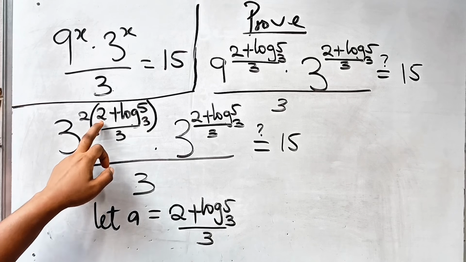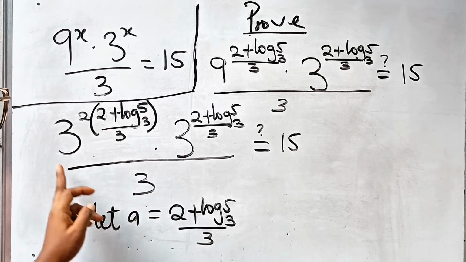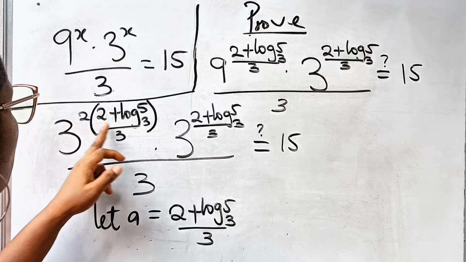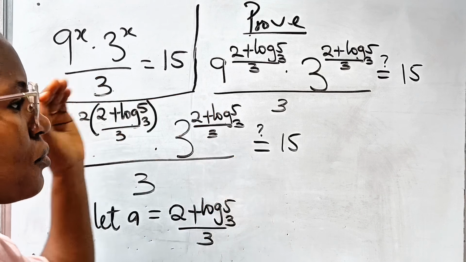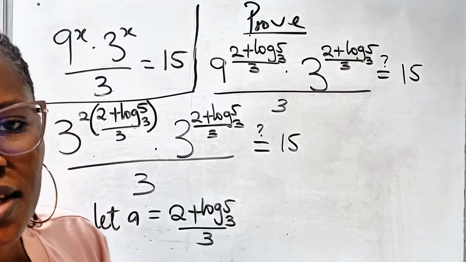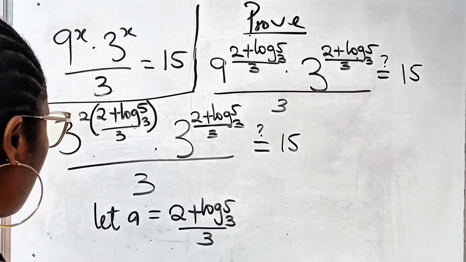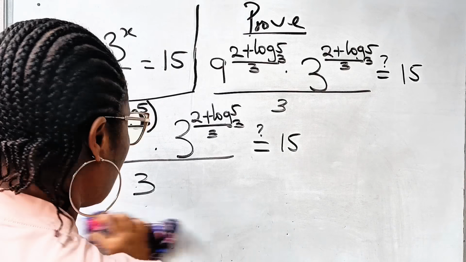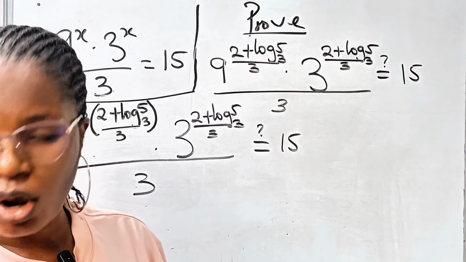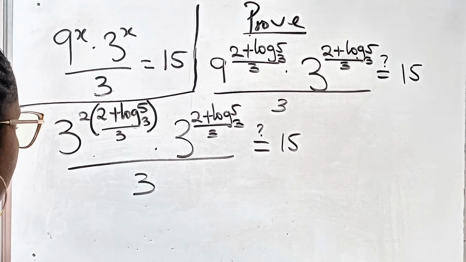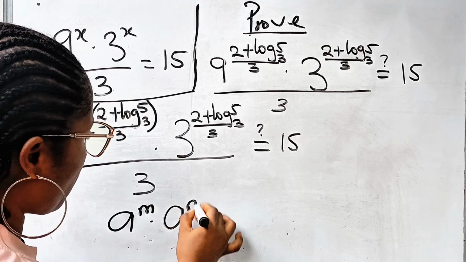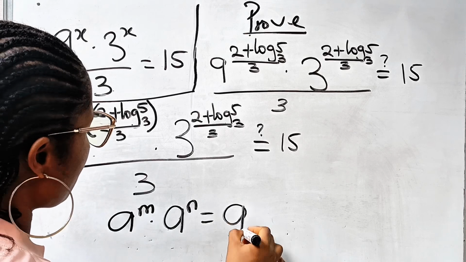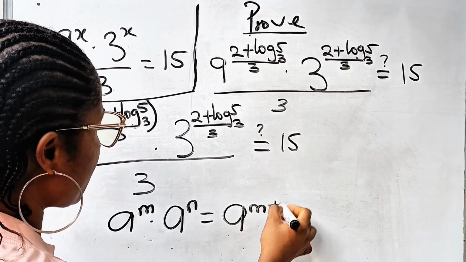It means what we have here is 2A and what we have here is A. Therefore, we can make use of the law of exponent that states that a to the power of m multiplied by a to the power of n is equal to a to the power of m plus n.